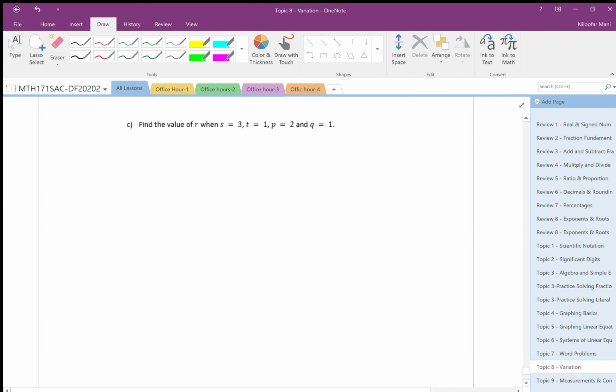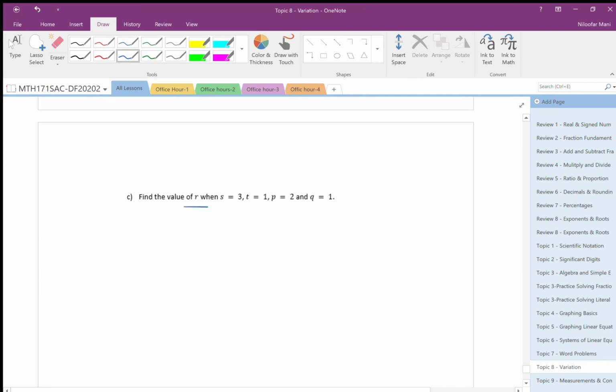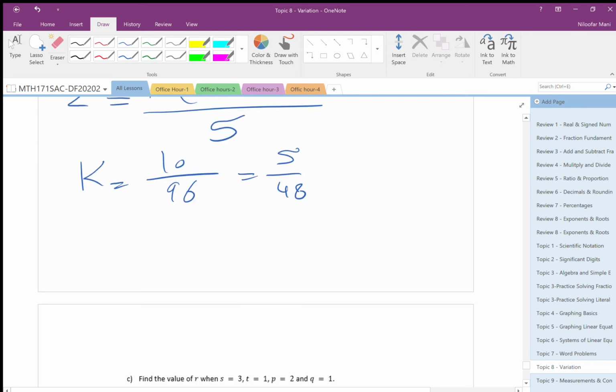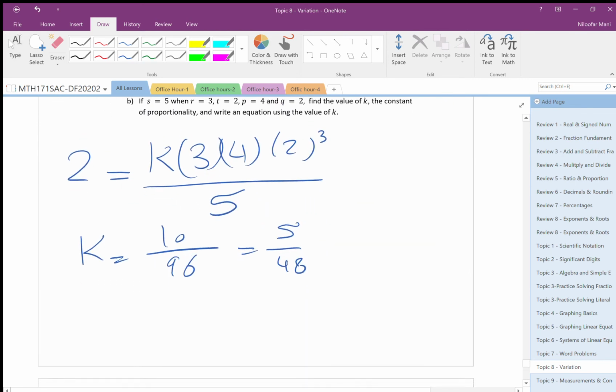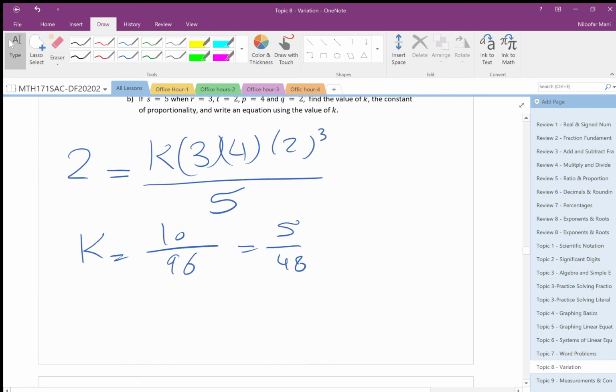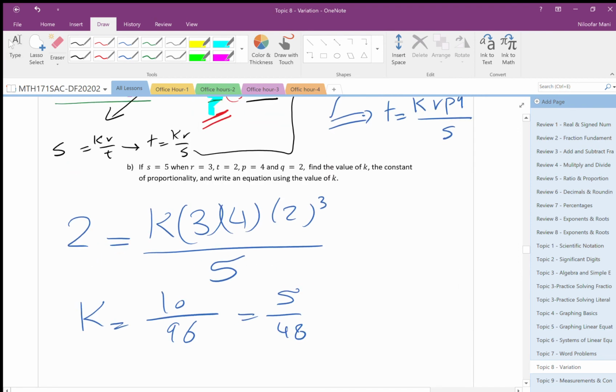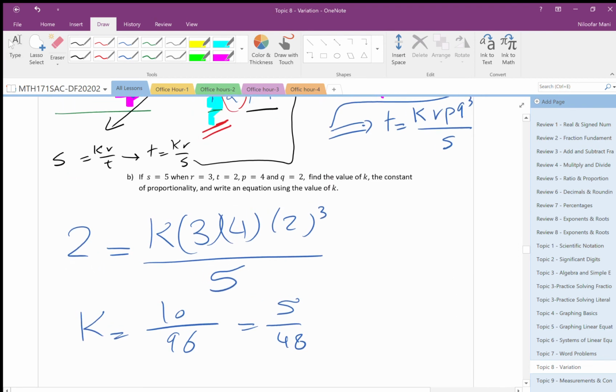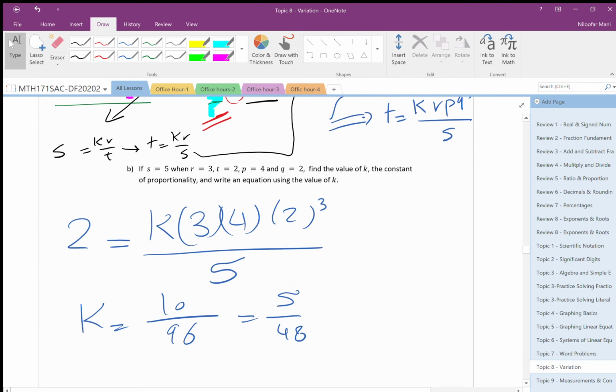Now it says, what is R when this? Yes, I can use K in order to find one of my unknowns, because I have K. But I also want to show you I can find the formula for two situations.